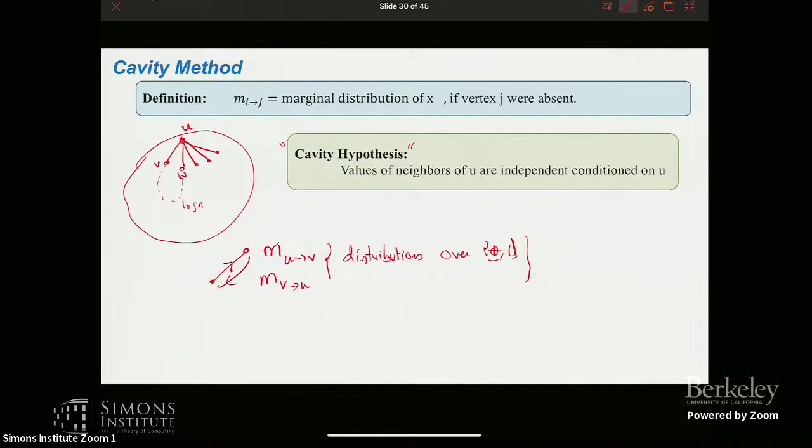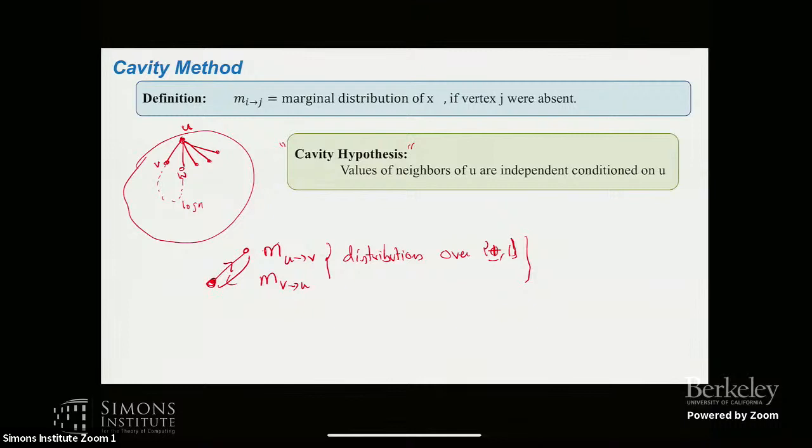If it was a tree, then at every node you'd have the following thing. Let's say these are the edges here.